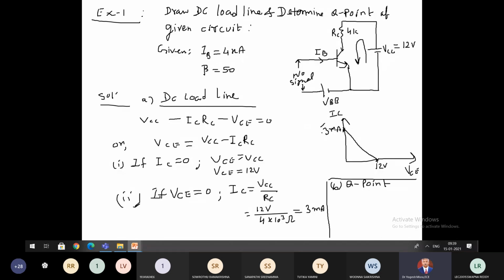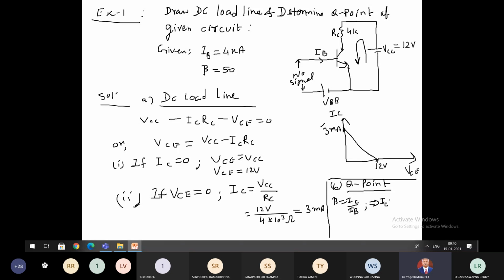So this is not the Q point value. So for Q point, what is the current which is flowing in this circuit, IC? So what we will do, we know that beta is equal to IC by IB, right? We know beta, we know IB, therefore we can get IC.